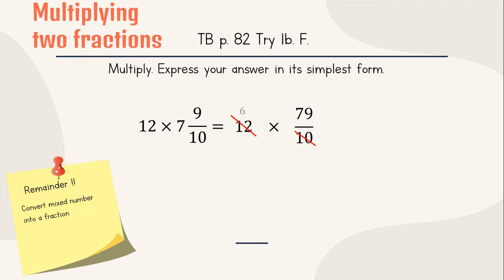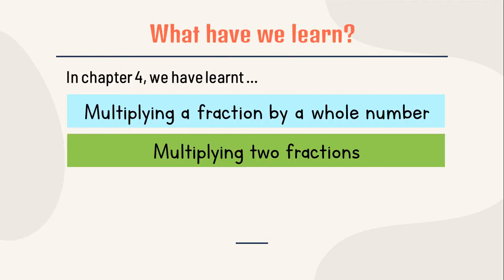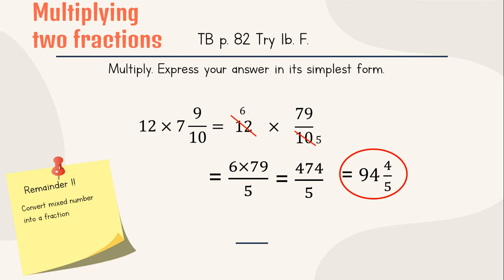So 12 divided by 2 is 6, and 10 divided by 2 is 5. So what we have is 6 times 79 per 5 equals 474 per 5 equals 94 and 4 per 5. So that's the answer for try 1b point F, 94 and 4 per 5.